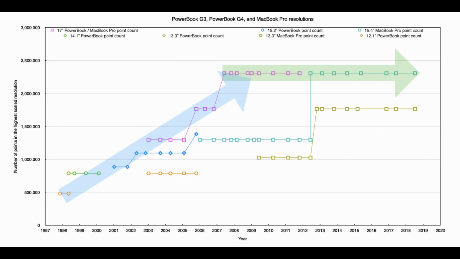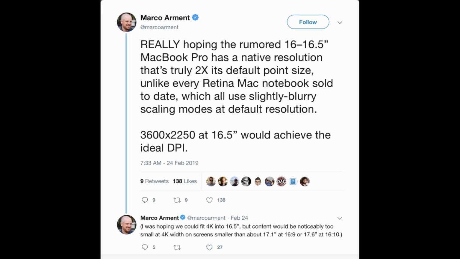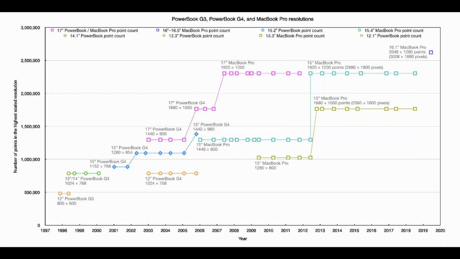Instead of downscaling the default resolution, it would be a good idea to increase the physical resolution to something that would match the default resolution of the MacBook Pro. One person who has mentioned that is Marco Arment, a podcaster and programmer well known in the Apple community. He has advocated for this rumored 16 to 16.5 inch MacBook Pro to have a higher pixel density to match the default scaled resolution.